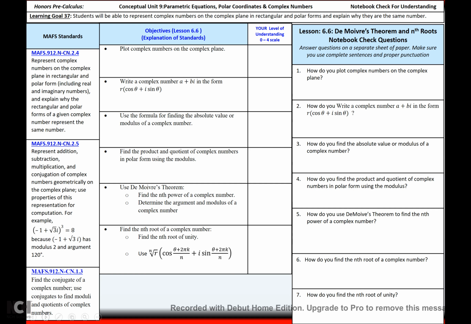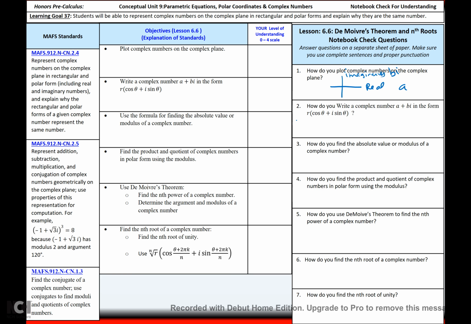Alright? So how do you plot complex numbers on the complex plane? Well, this would be your real axis. This would be your imaginary axis. And you plot a on the real and bi on the imaginary. How do you write a complex number a plus bi in the form r cosine theta plus i sine theta?